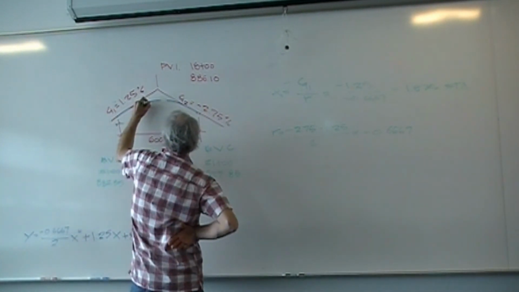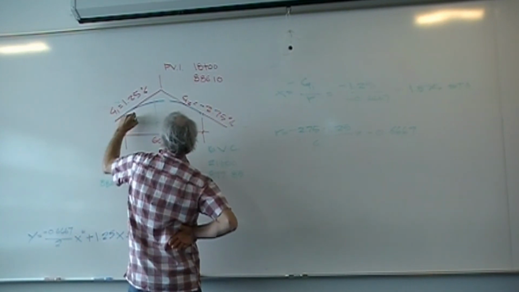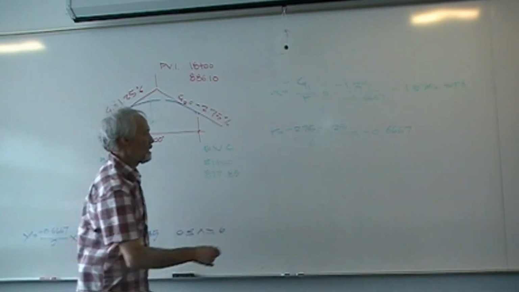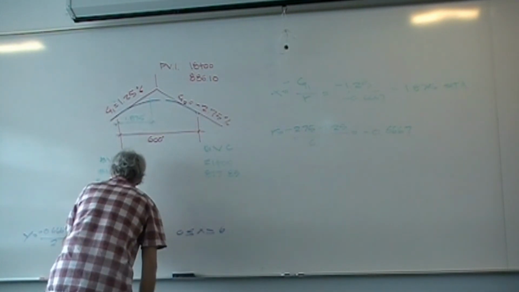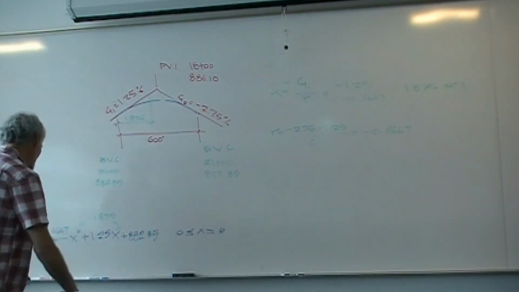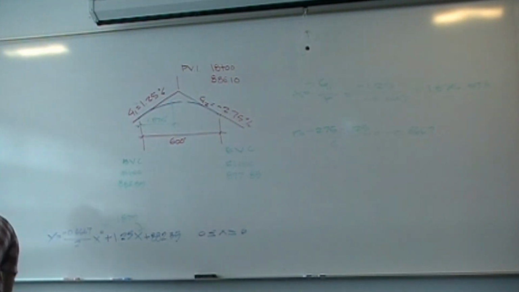It's saying that we are 1.875 stations from the BVC. So we would plug that 1.875 stations in for X into our equation, and again we notice that it's less than 6. It verifies what we're saying.